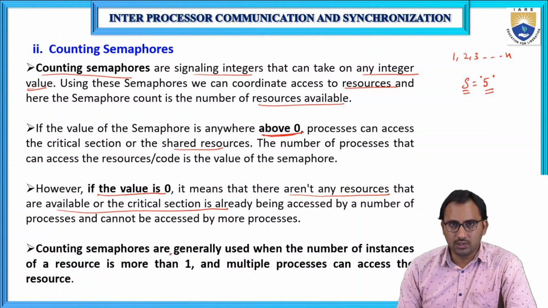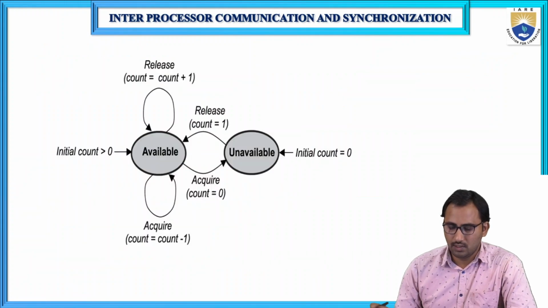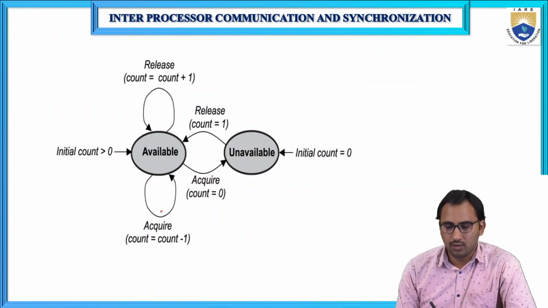Counting semaphores are generally used when the number of instances of the resource is more than 1 and multiple processes can access the resource. So here you can see the counting semaphore.